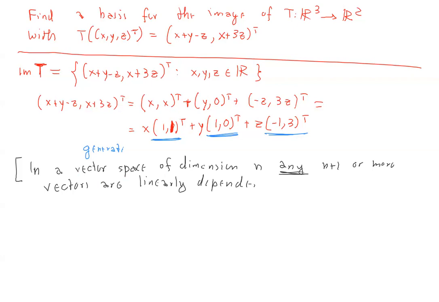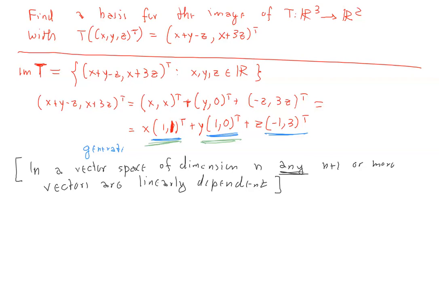So anybody who gives you 3 vectors in R2, I don't care what those vectors are, I don't need to see them. If you have 3 vectors in R2, they have to be linearly dependent, which means we don't need all 3 generators. So we just need to choose 2 of them. Now, is it for certain that they have to be 2 of them? No, even that is not guaranteed. But you can easily see now that this one and this one are linearly independent.